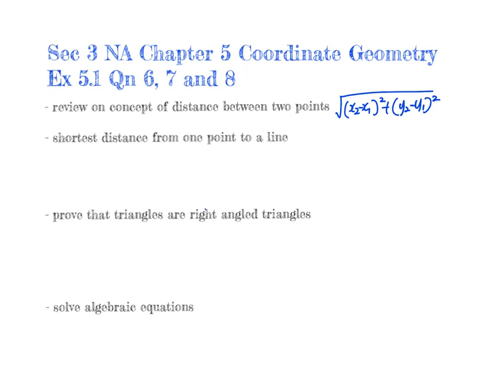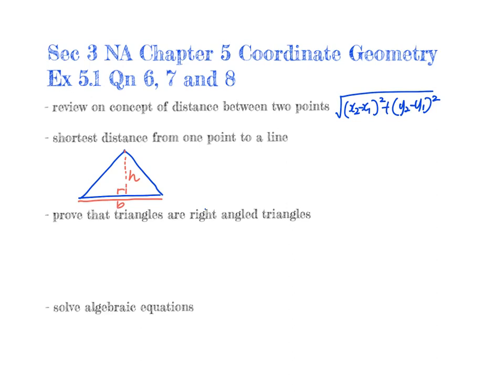Okay, the shortest distance from one point to a line. What we use for today is the concept of area of triangle. So if this is the triangle, I can find the area of the triangle by using half times base times perpendicular height.